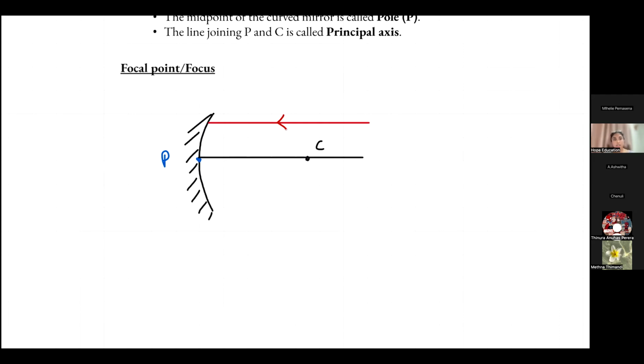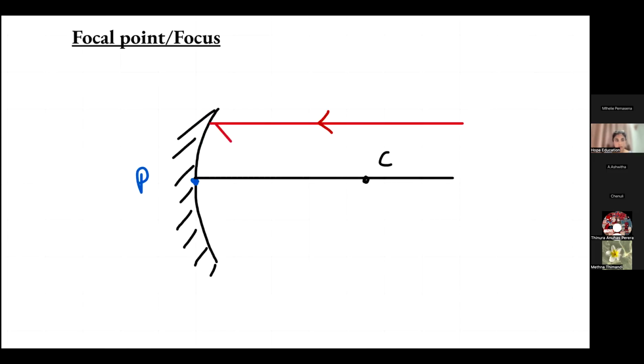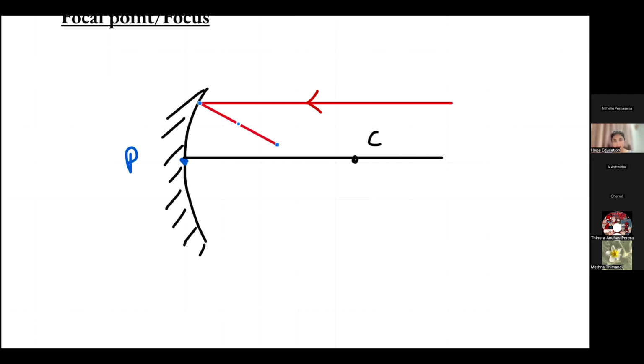It will be reflected and it will move along like this. Sorry, one second. It will be reflected like this. Okay, like this.